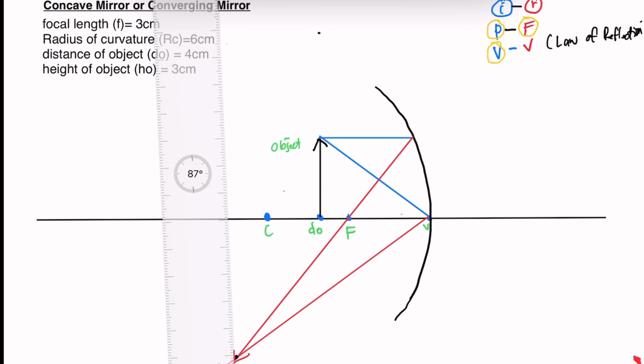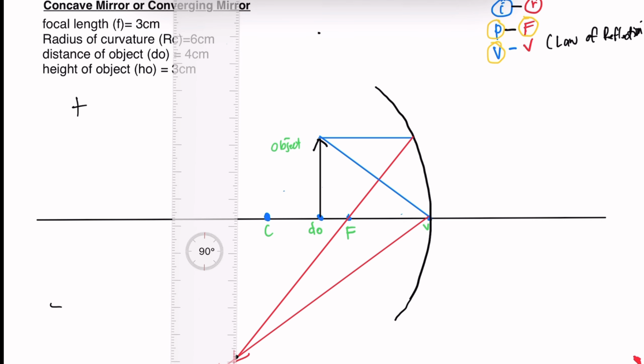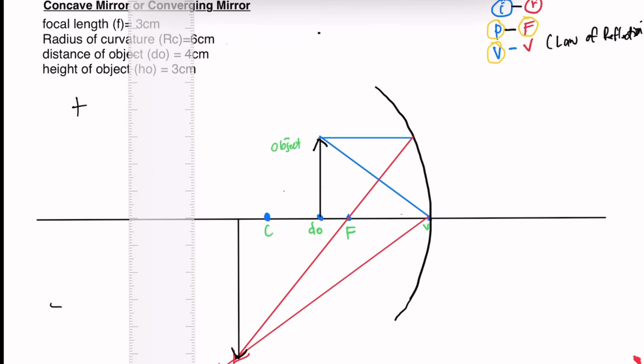Since it is below, we have here the positive and the negative. Below means the drawing of our image should be inverted. So from the principal axis going to the merging point, we have to draw an inverted image of our object. So this is now our image.